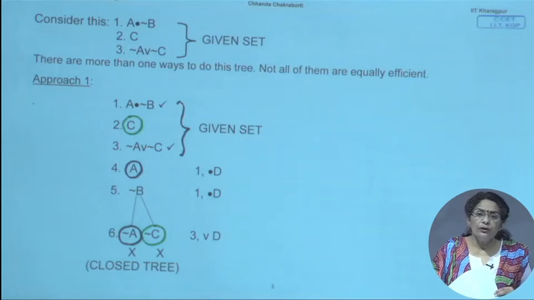This is only one way to do this tree. There may be other ways, and we will take a look at that. The result is not going to vary, but the tree may look different, and the number of steps may decrease or increase. Then you decide how to proceed.